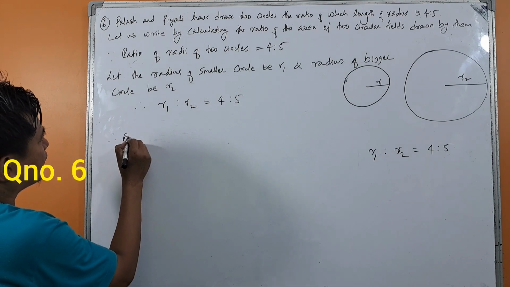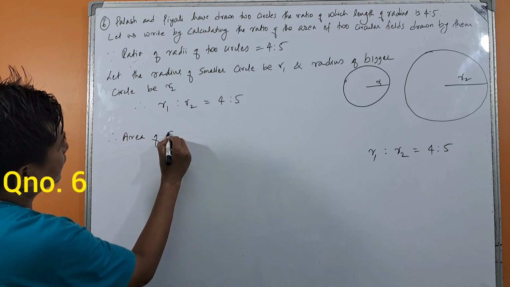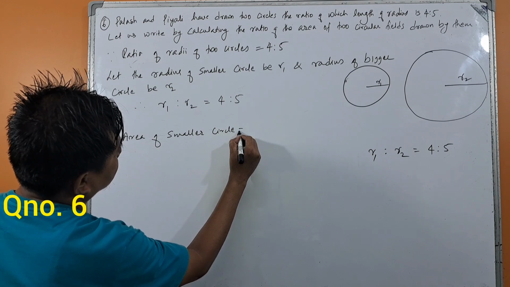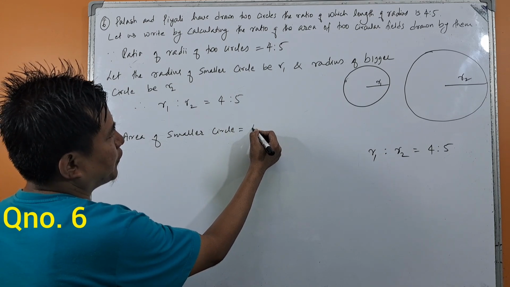Therefore, the area of the smaller circle: what is the formula for area? Pi r square, isn't it?